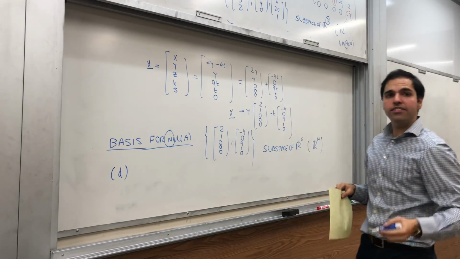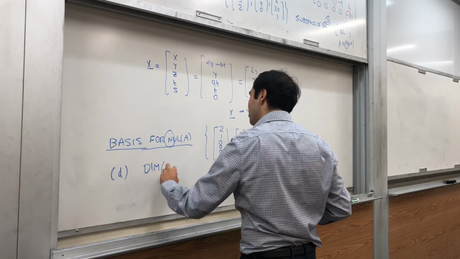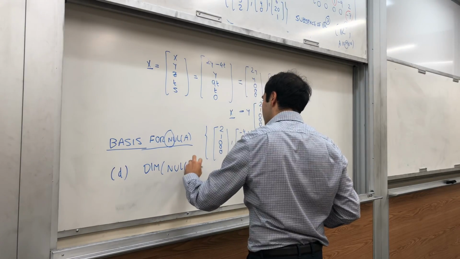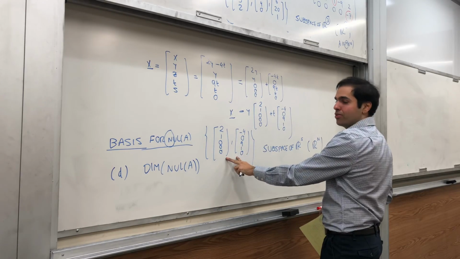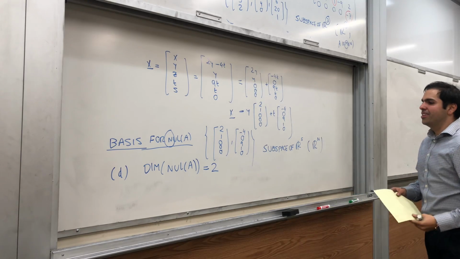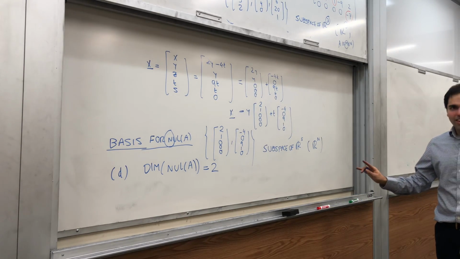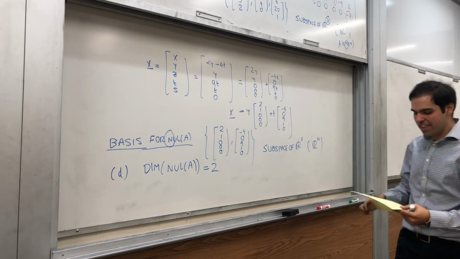Once we found a basis, we can find a dimension. So let's find the dimension of null of A. Well, you just count the number of vectors, which is 2. Which leads us to a very important theorem in linear algebra called the rank-nullity theorem.